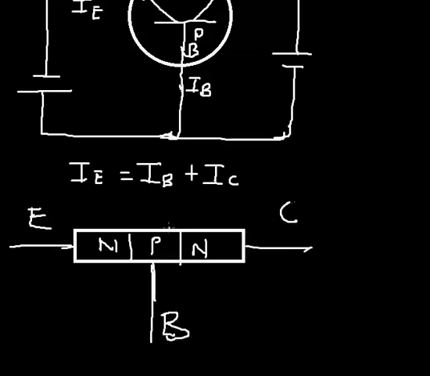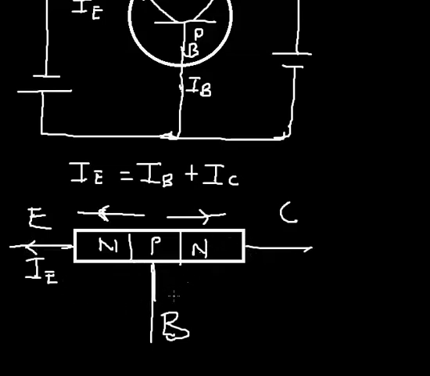Current flows this way: from the base to the emitter, and also from the base to the collector. So you discover that this is IE, IE is flowing out.